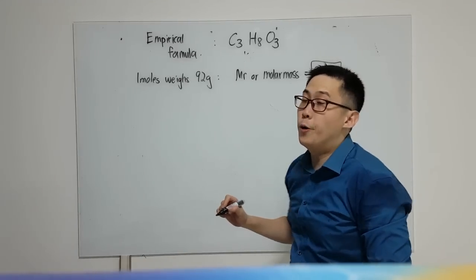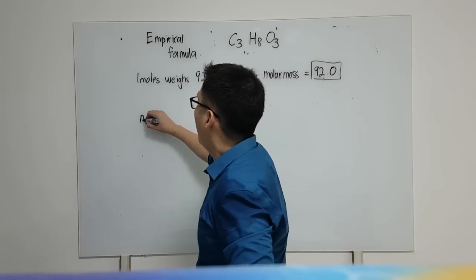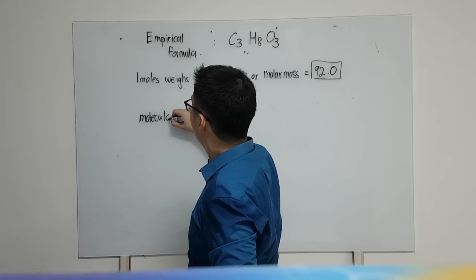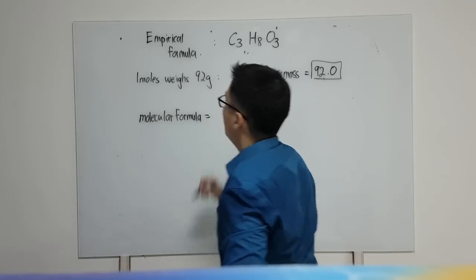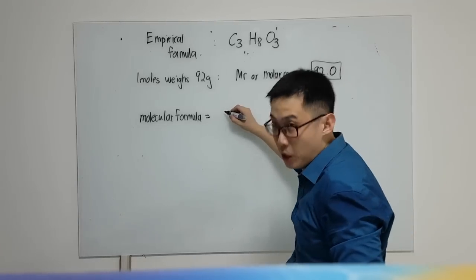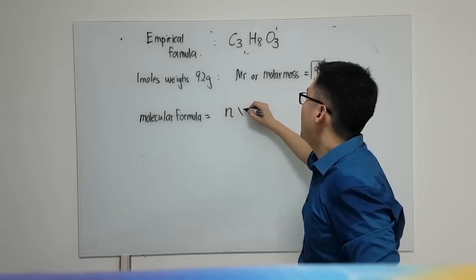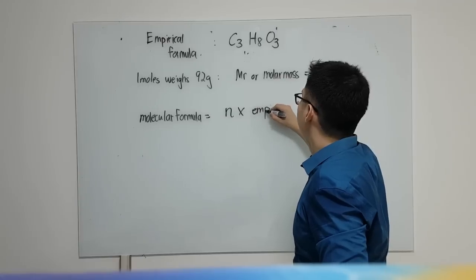Now, let's recall that the molecular formula is actually equal to a multiple, let me call that multiple n, times the empirical formula.